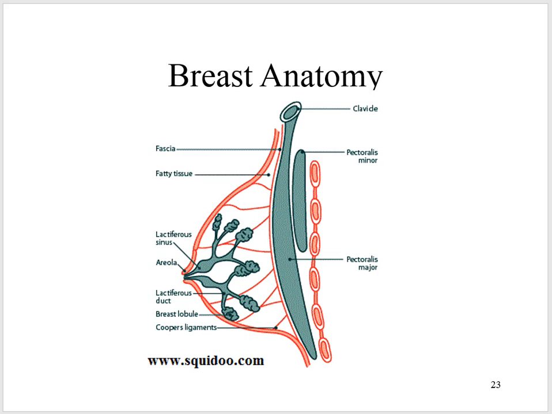The physiological function of the breast is lactation, and it's under the control of prolactin. Now, the lactiferous ducts are milk-carrying ducts, and they carry milk to the opening, which is the nipple. The Cooper's ligament right here supports the mammary gland.